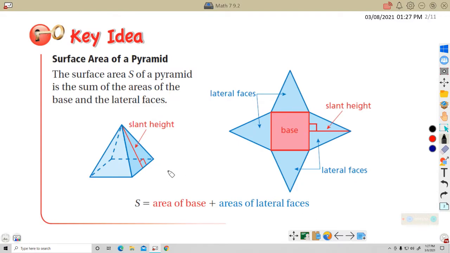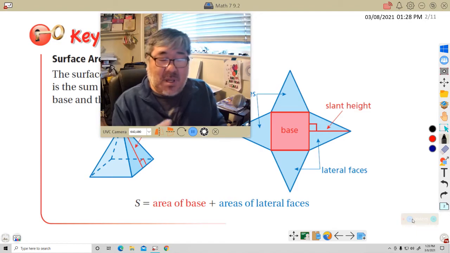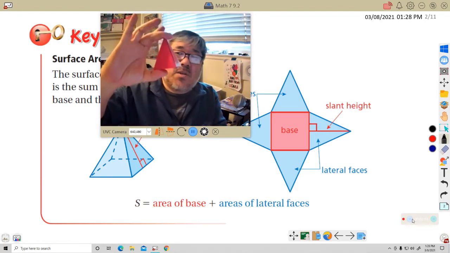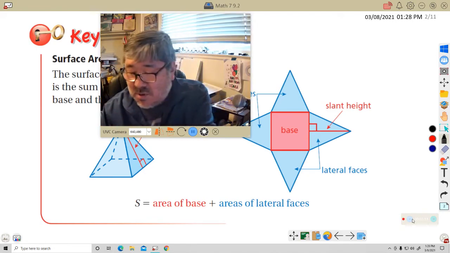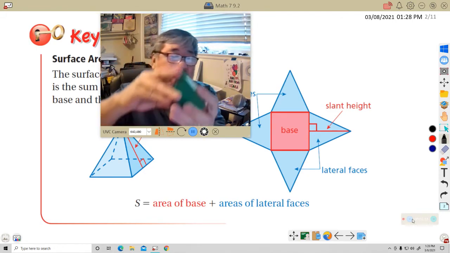So here's the surface area of a pyramid, and let me show you what this looks like. I'm going to unfold this one here for us to look at. Boom. So here's that triangular pyramid with a square base. Oops, sorry, with a square base. That's this one.